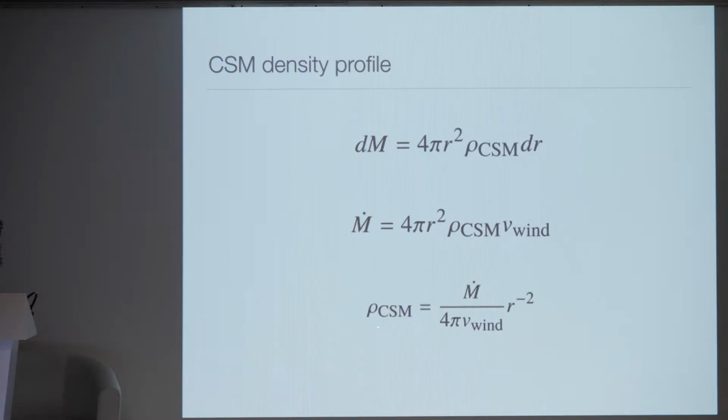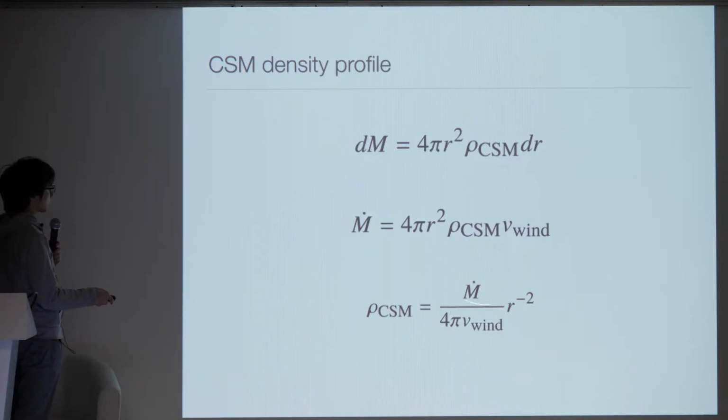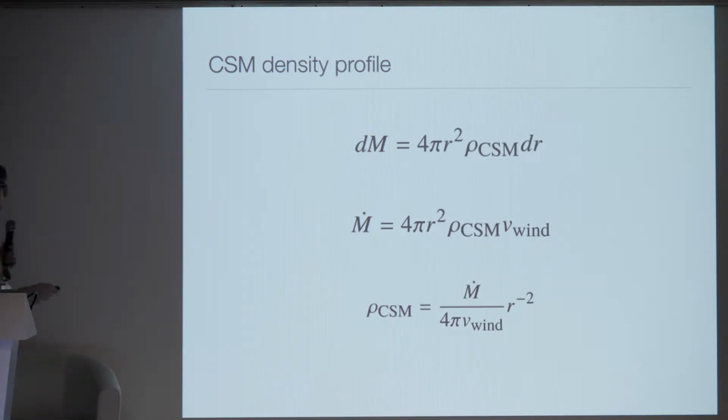If we can get this density structure somehow from the supernova observation, then assuming some wind velocity, we can also get some idea of the mass loss rate causing this supernova. The wind velocity is typically of the order of the escape velocity of the supernova progenitor. So we can have some rough idea of the wind velocity, and once we get this density, we can get the mass loss rate.